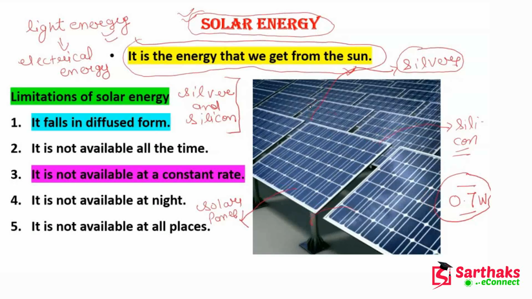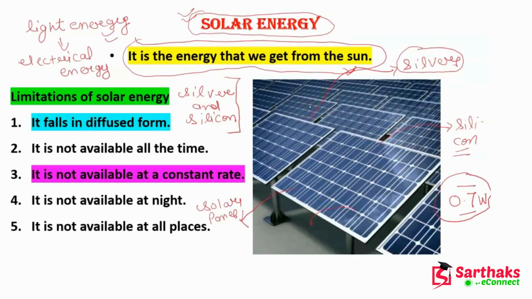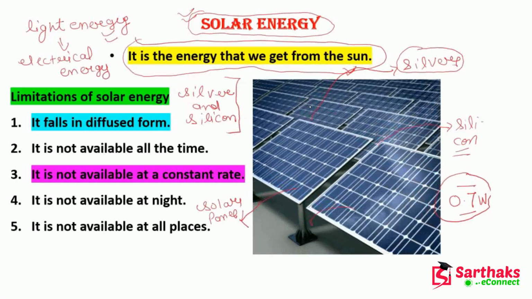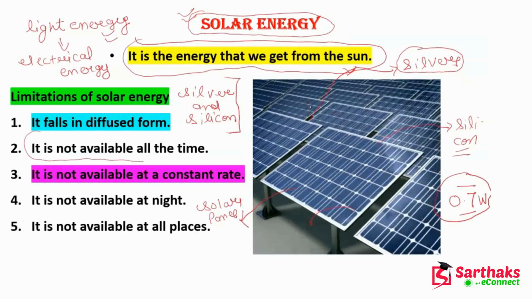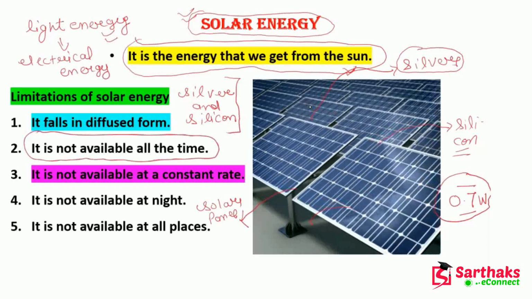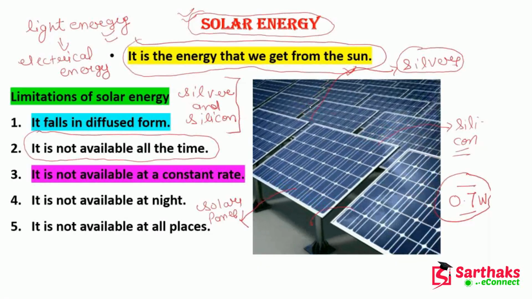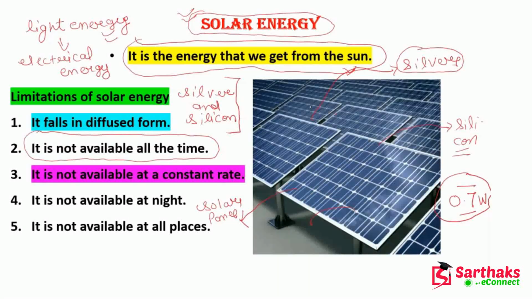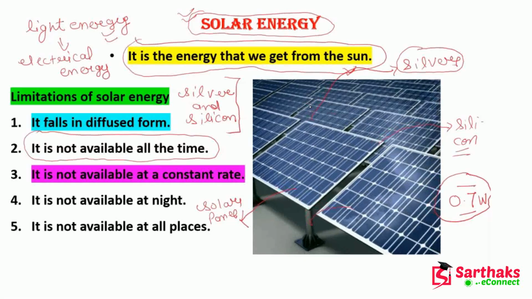Another disadvantage or limitation of solar energy is that it is not available all the time. At night time it is not available, because the sun is not there at night, so it is not possible to generate electricity by solar energy at night.